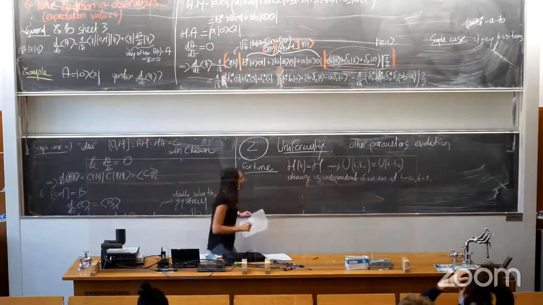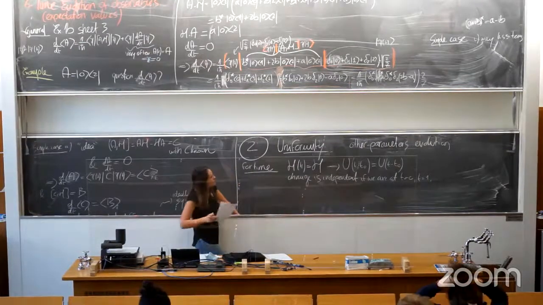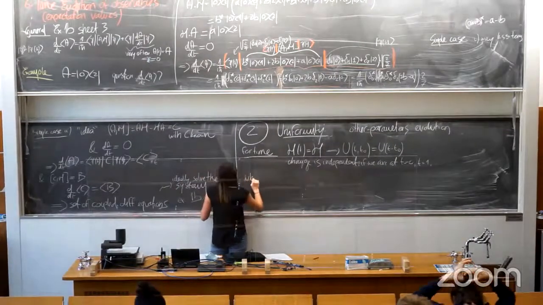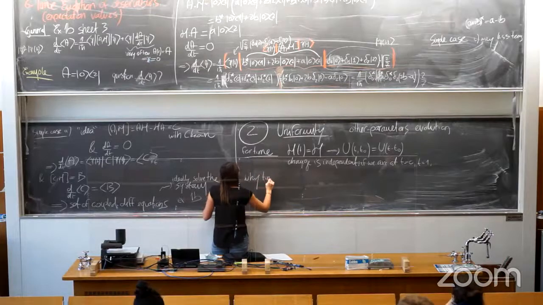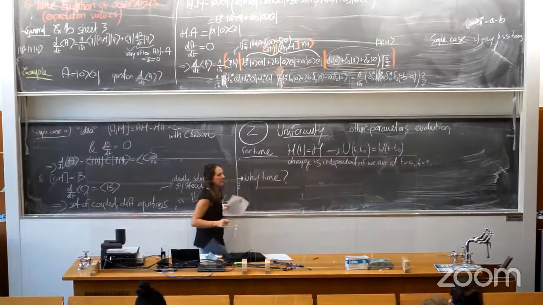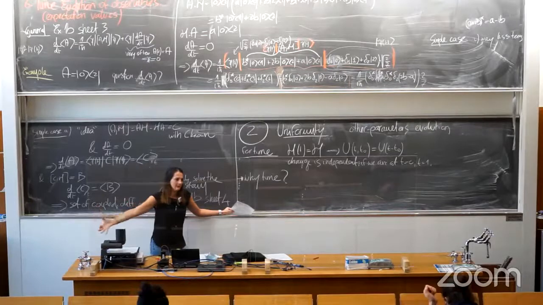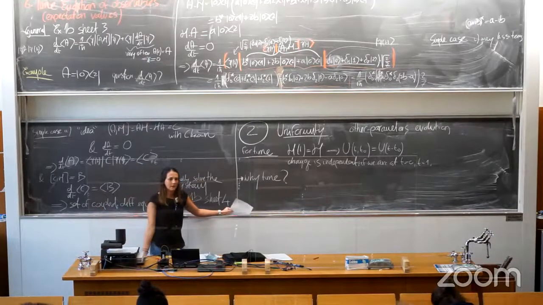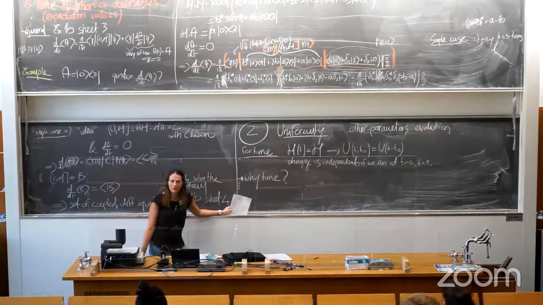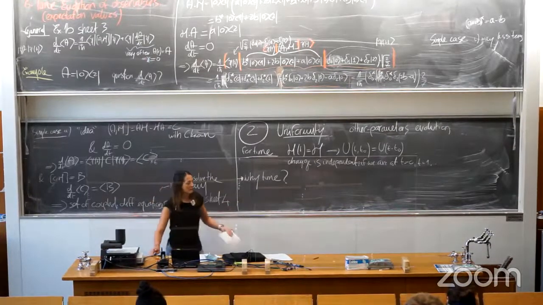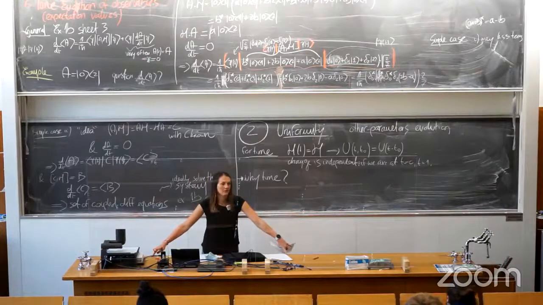Now we can also ask ourselves, why time? We looked at everything in terms of the evolution. If we start at 0, what's after 10 seconds? What's after 1 minute? But we could also look at the system here, and how did it evolve?